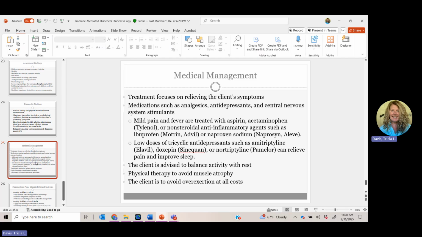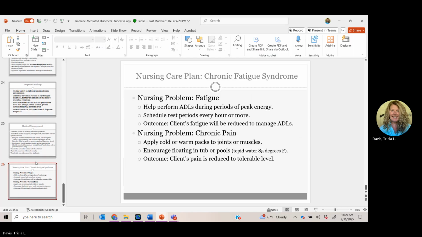Just definitely educating these patients, we want them to balance their activity with rest. So, if you're going to do something for 2 or 3 hours, then rest for 2 or 3 hours. Definitely keep up with being physical, being active, go to the gym and work out, because we don't want you to develop muscle atrophy. And then we want them to be able to avoid overexertion, because this is going to exacerbate their symptoms.